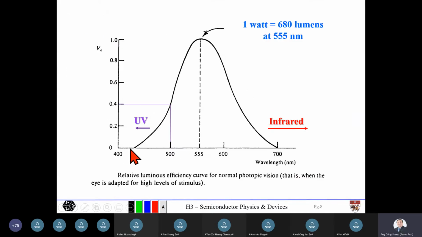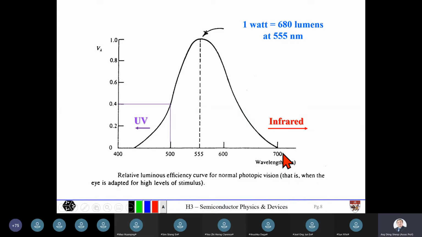So this is the standard luminosity curve. On the vertical axis, it gives you the relative efficiency of the human eye in perceiving light of a given energy. On the horizontal axis, you have the wavelength. So what does this curve mean?